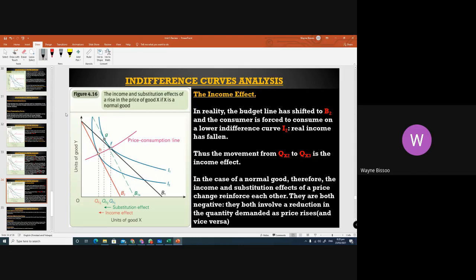So in order to compensate, you would substitute away from the now more expensive good x. That's where you're dropping off from x1 going backwards to x2, and you're going to go to point G where you're buying less of good x and you're trying to compensate with more of good y.